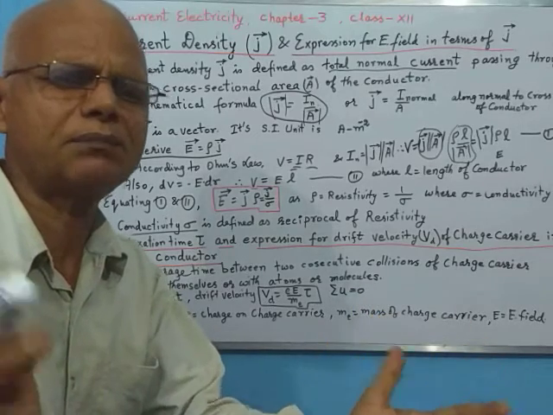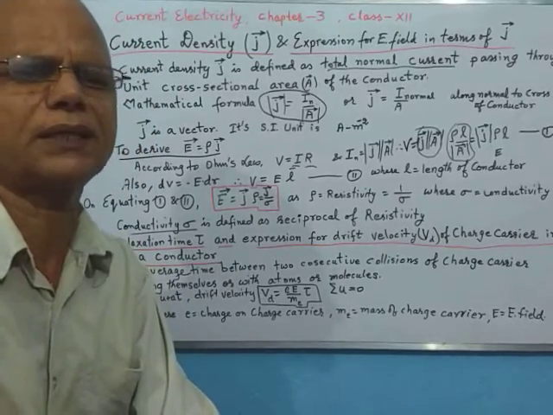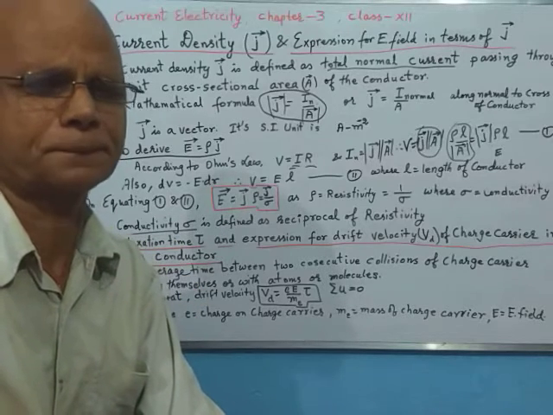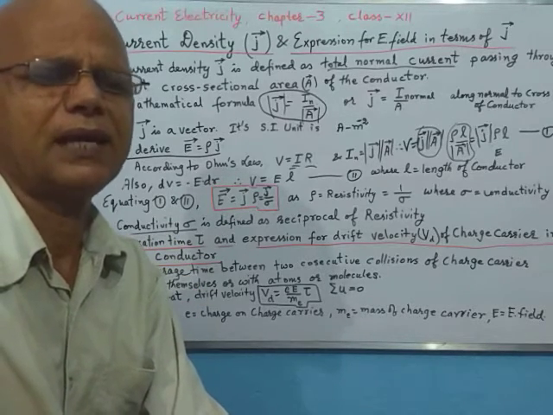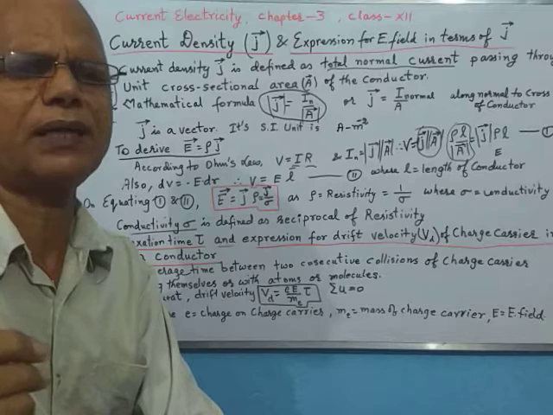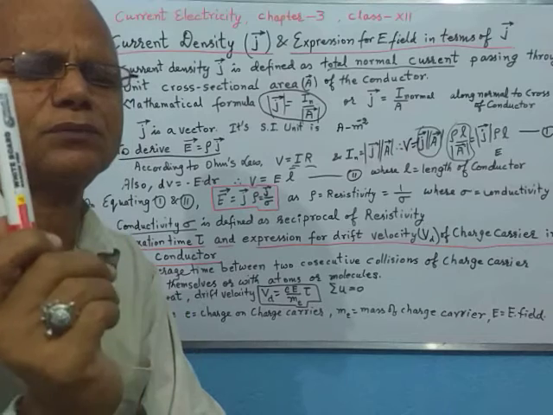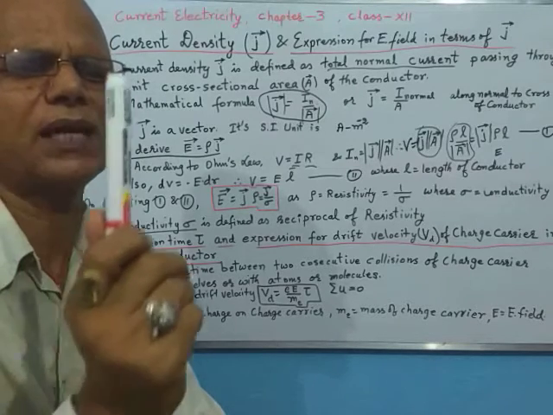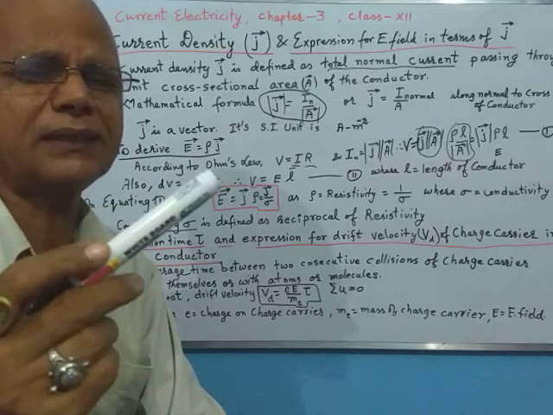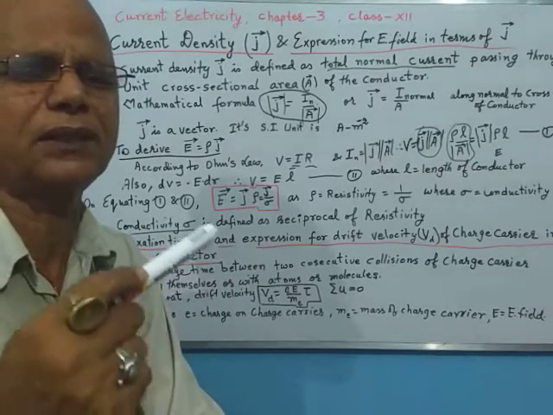Because once we apply some electric field, once we generate a potential difference across the two ends of the conductor, the electrons are forced to move from one end to another, and as a result the electrons start moving from the negative terminal towards the positive terminal, and then another charge carrier or atom or molecule coming in their path, they collide with it.